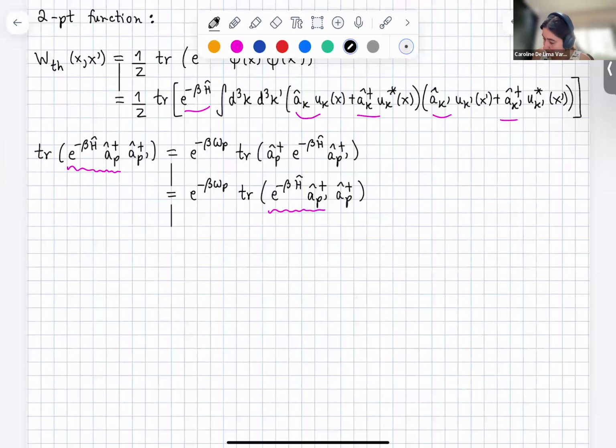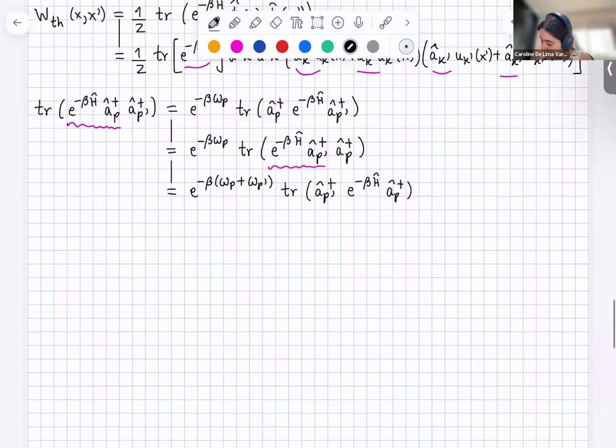So if I do that, I'm going to get e to the minus beta times (omega_p plus omega_p prime), okay, times the trace of a_p prime dagger e to the minus beta h times a_p dagger. And again, I'll just use cyclicity to write.